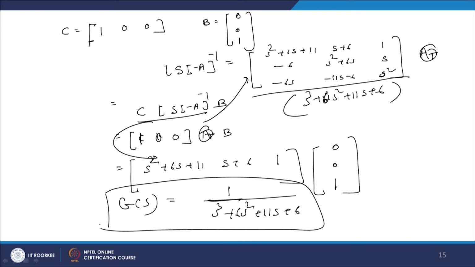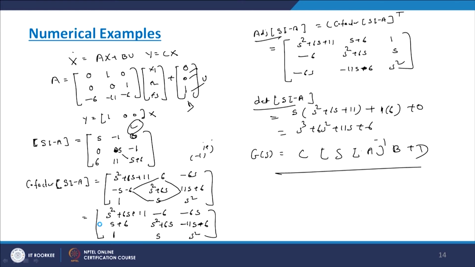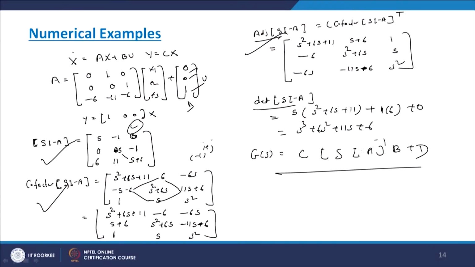That means, you have an original model x dot equals Ax plus Bu. First of all, we have determined sI minus A, then we have determined the cofactor of sI minus A, then we have the adjoint. Now, how did we get the adjoint? We are taking the transpose of the cofactor of sI minus A, and while taking the cofactors, whatever the elements in the particular ith and jth row, if the sum comes odd, we have assigned a negative sign. Just see here minus 6, plus here minus 11s minus 6, and here minus s, and then we calculated the determinant.